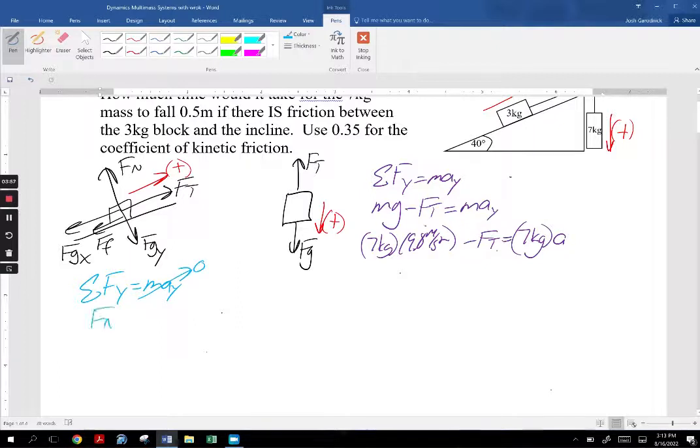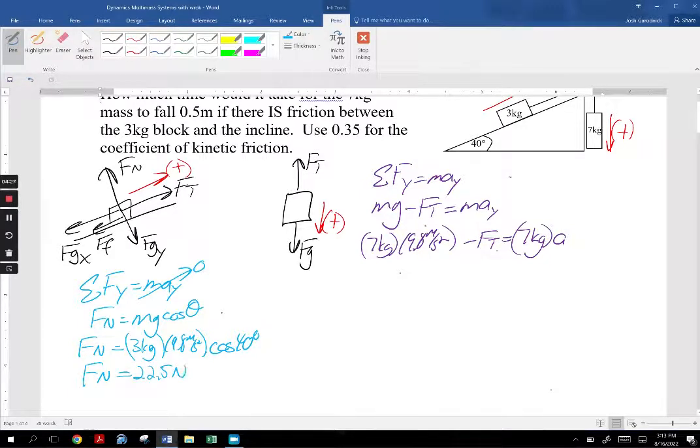So we basically have Fn equals mg cosine theta, or Fn equals, what was that mass? 3 kilograms times 9.8 meters per second squared times cosine 40 degrees. You would think that I would have done this before starting the video, but I did not because I'm a terrible person. I got 22.5 newtons.